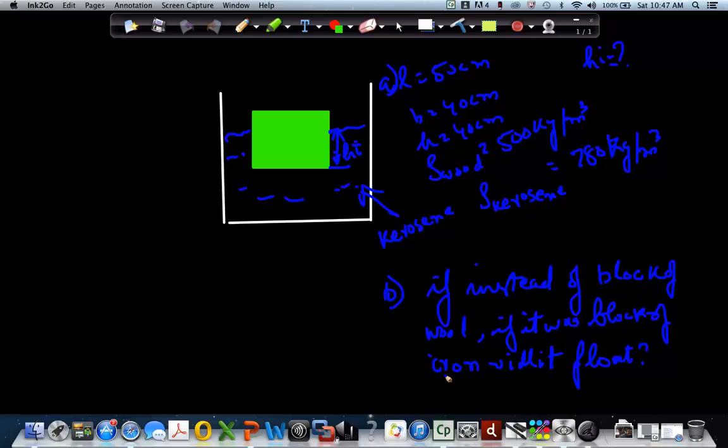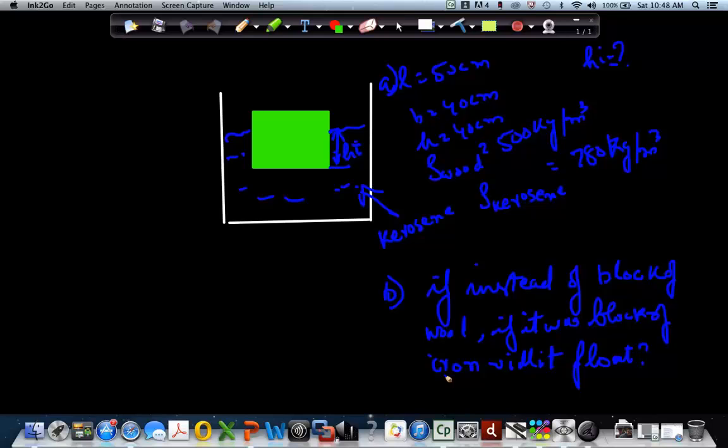So for question B, what you have to check is, if the whole block of iron with the same dimensions immerses inside the kerosene, the buoyant force it would have had, will it be equal to its weight, or will it be less than its weight? If it is less than weight, then definitely the body will go down. It cannot float, right? That is the concept.